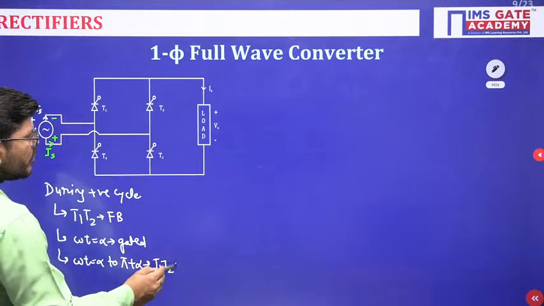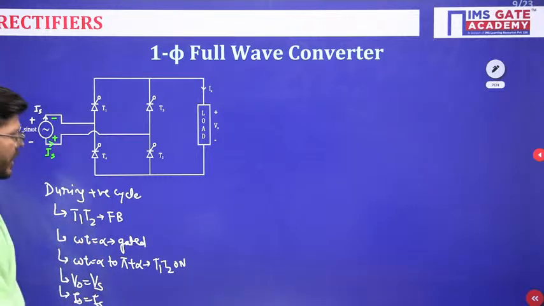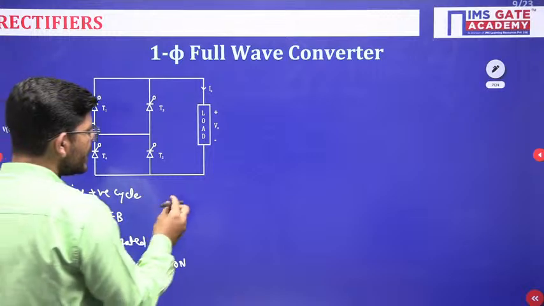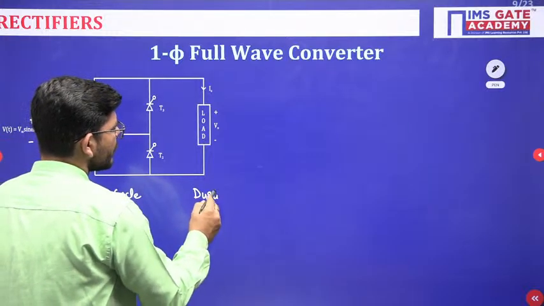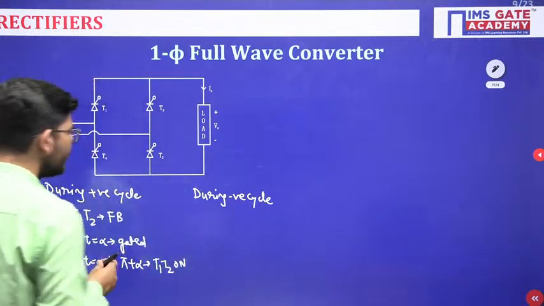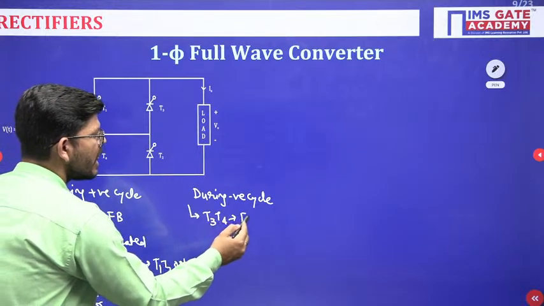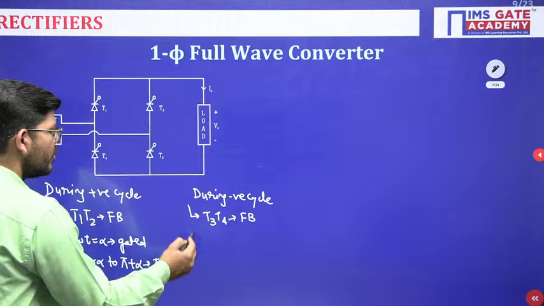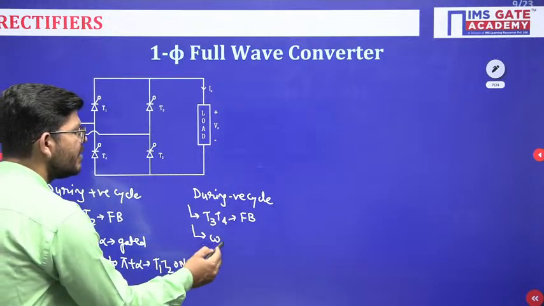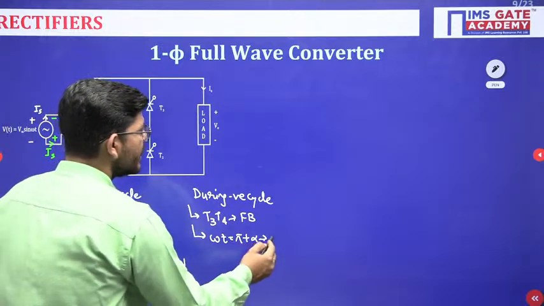T1 and T2 are on, and during that time your output voltage will be following the input voltage, and your output current will be following the source current. Okay, but during the negative cycle, what will happen? We will have T3 and T4, which are forward biased. Now they are forward biased, so you will gate them at omega t equals pi plus alpha.